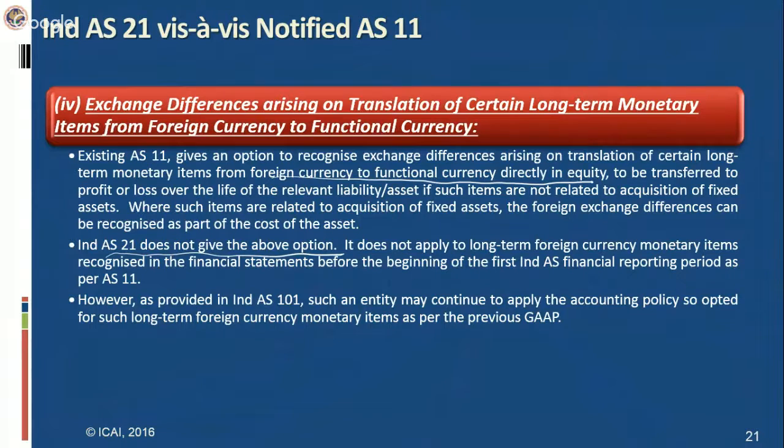After completing this particular AS and the corresponding notified AS, we are again moving to the online queries, if any. Is functional currency the same as reporting currency? Shivang, you are asking whether functional currency is the same as reporting currency.